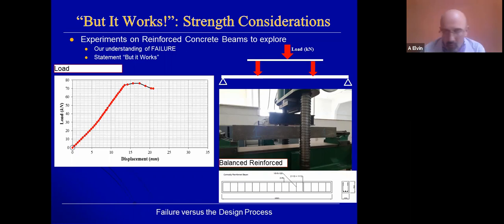So here we start off with the same photo of beam 1, which now I'm going to release the information to you that it's a balanced reinforced beam, and the reinforcement looks like this. These are my shear lengths, and I've got 3 bars at the bottom and 2 bars on top. So my loading scheme is here. Here's my photo. Here's my schematic of the reinforcement inside the beam.